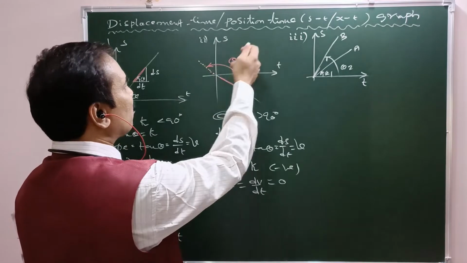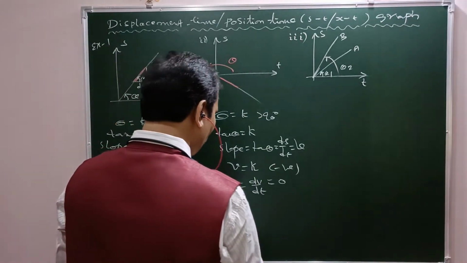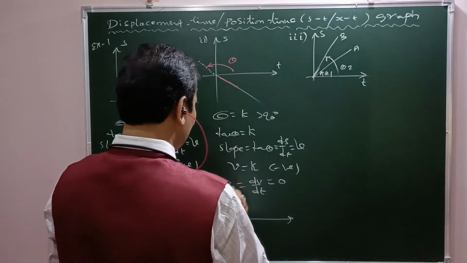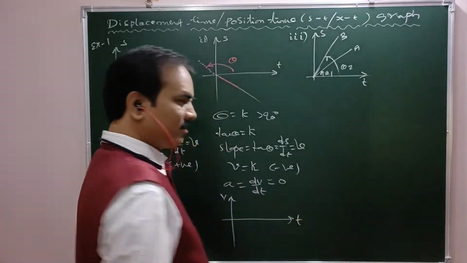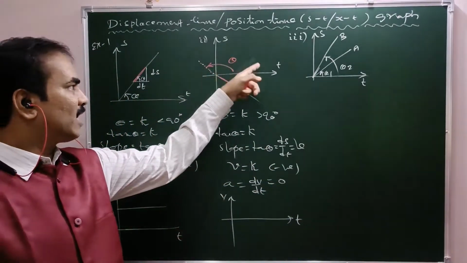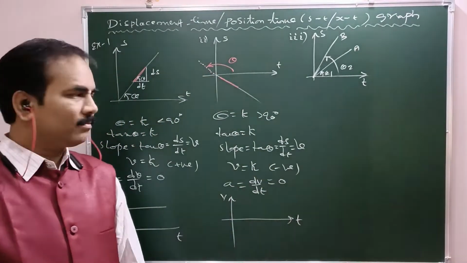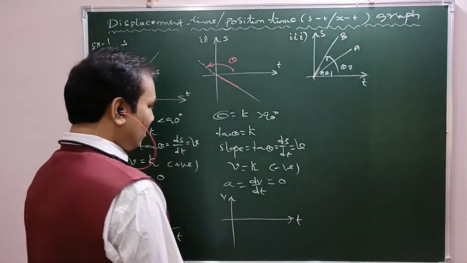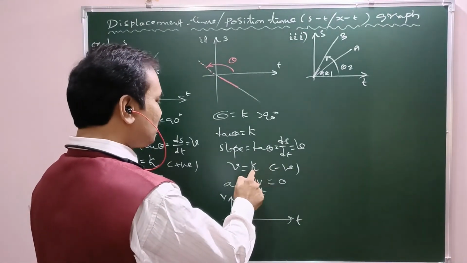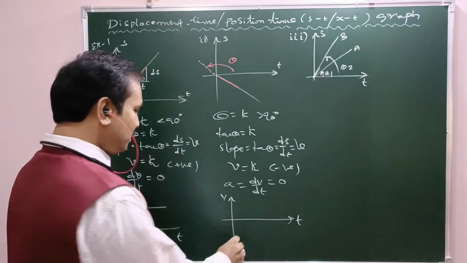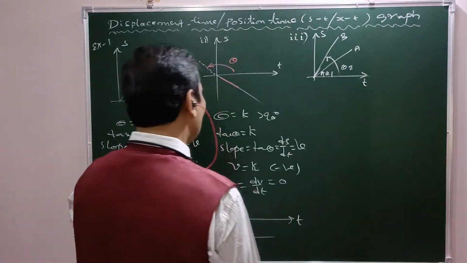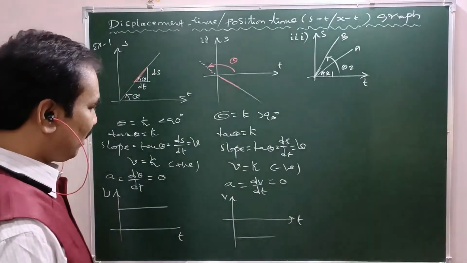transformation from st to vt? Here it is v, here it is t. If I transform the st graph into the vt graph, it looks like velocity is constant but negative. Constant but negative, right?